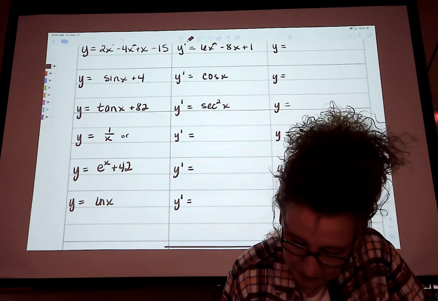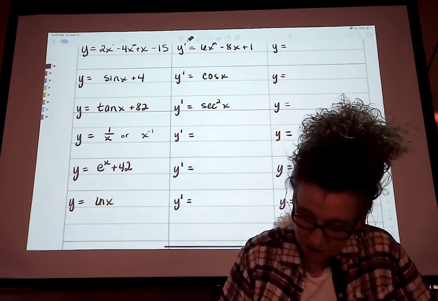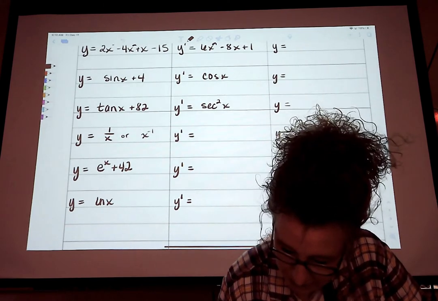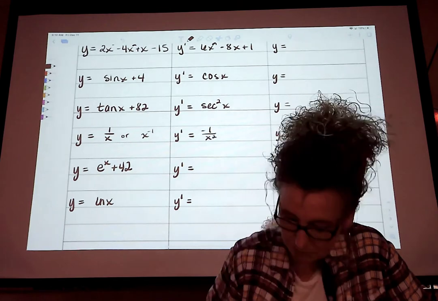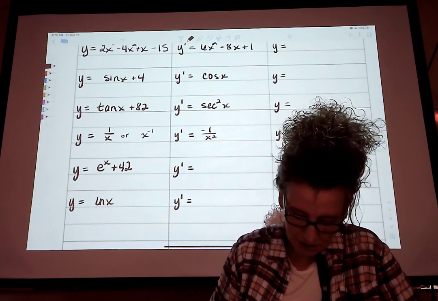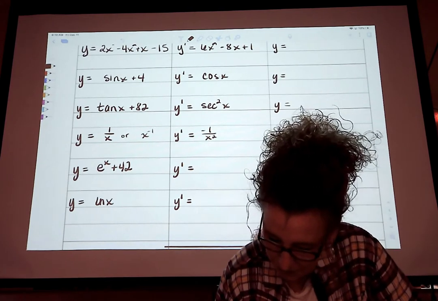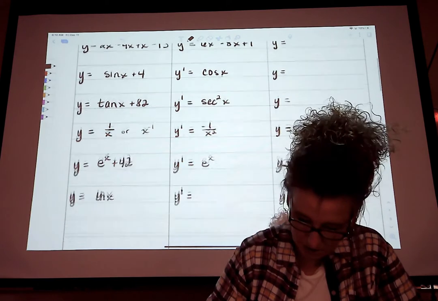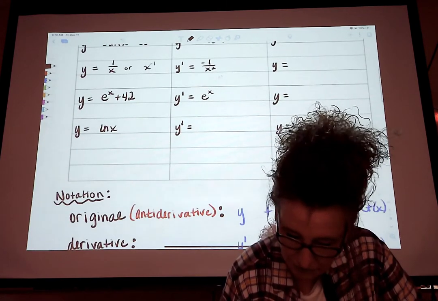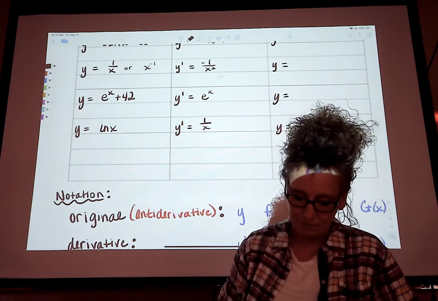For 1 over x, I could also write this as x to the negative 1 power, so I'm going to power rule it: negative 1, x to the negative 2. Next, the derivative of e to the x is simply e to the x, plus the derivative of a constant is 0. And the derivative of natural log of x is 1 over x.